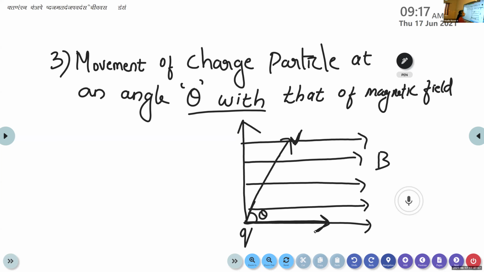A parallel component or a horizontal component, v cos theta, and a perpendicular component, v sin theta.